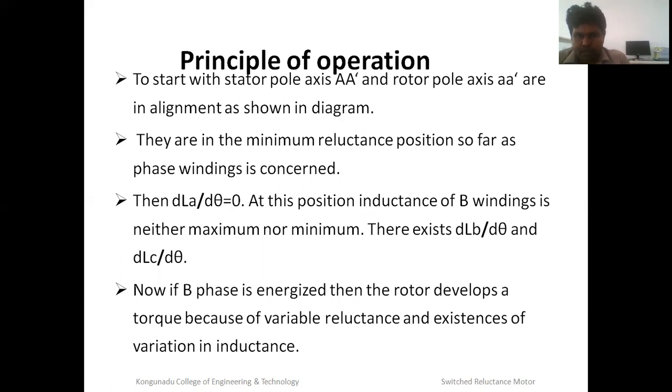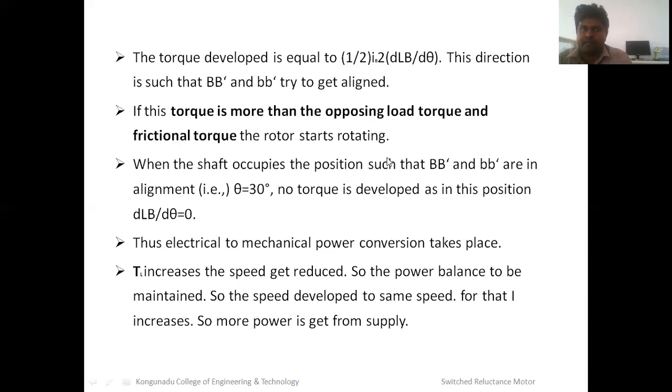At this position, the inductance of the winding is maximum. So dLB by d theta and dLC by d theta exist. If the B phase is energized, the rotor develops a torque because of the variable reluctance, the variation in inductance.